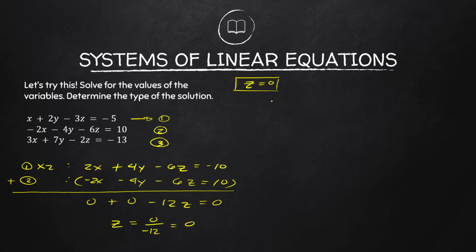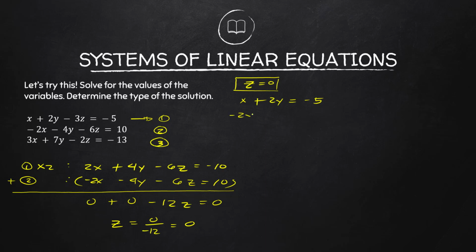Let's try to substitute this in the equations. So we are left with x plus 2y minus 3z, but z is 0, so that will become 0, equal to negative 5.